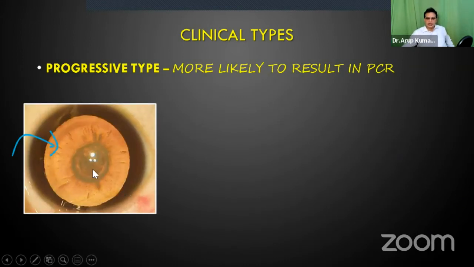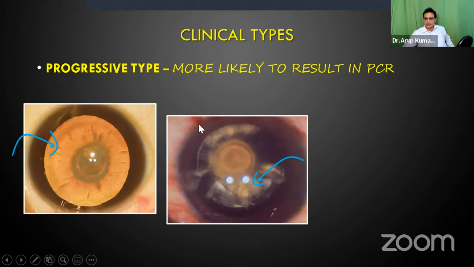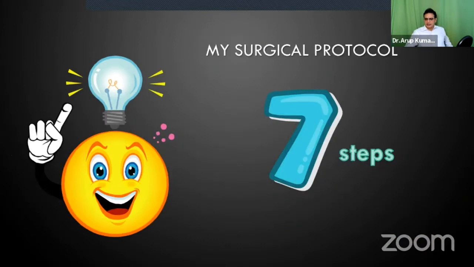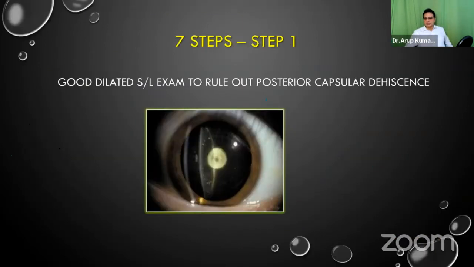If you get to see riders like this extending to the periphery, if you get to see scalloped areas of opacity around the ring, and if you are very, very particular, you can even get to see posterior capsular pre-existing dehiscence.